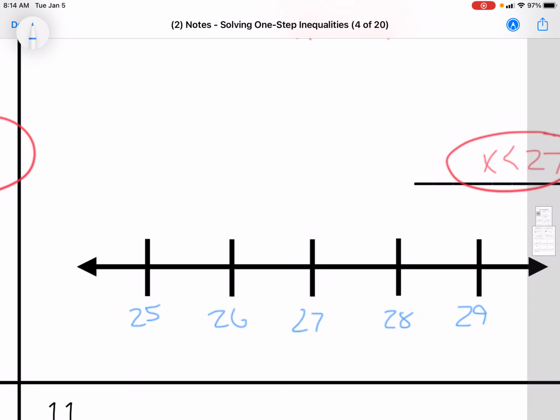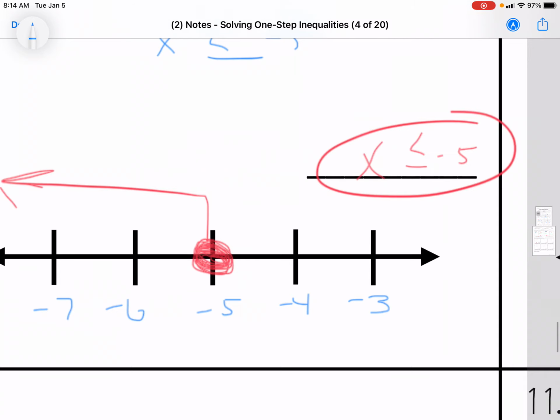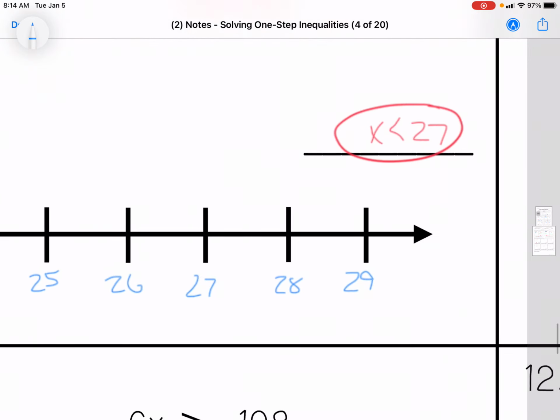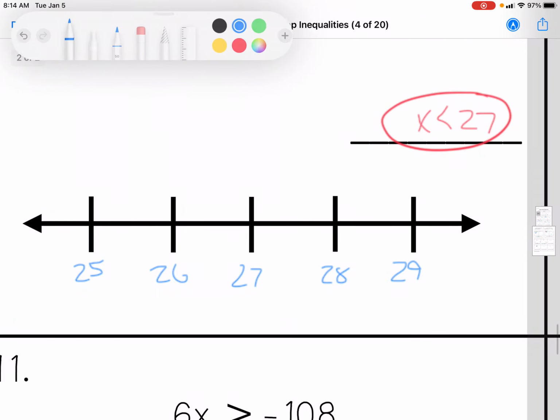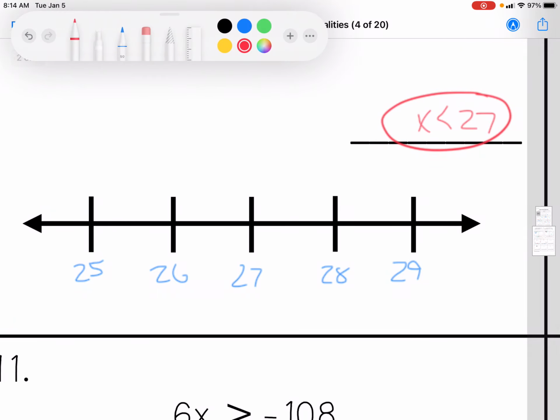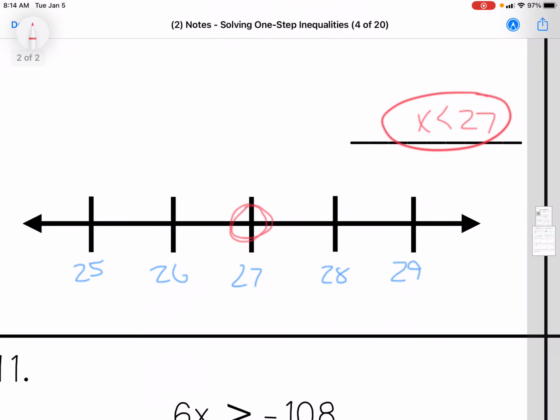Notice how my numbers got bigger going to the right. Same thing on the negative. They're actually getting bigger. Okay, remember negatives are reverse, okay? All right, so it's open dot on 27 because there's no equal to part. It is less than, goes to the left.